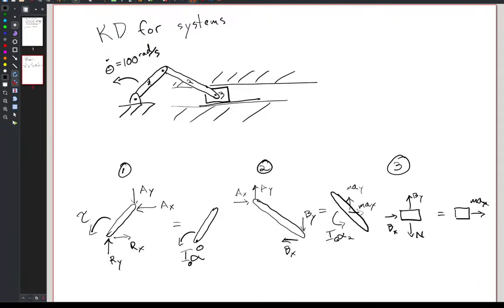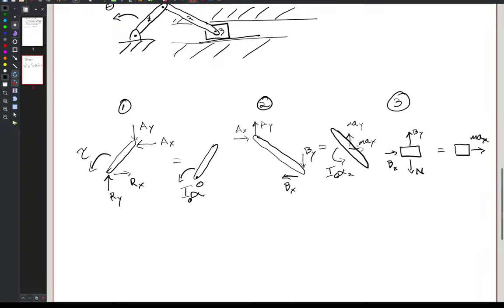So I split it up, at least if we're trying to draw the free body diagrams and kinetic diagrams for this system, every moving part is really considered another FBD kinetic diagram, so splitting it up that way.